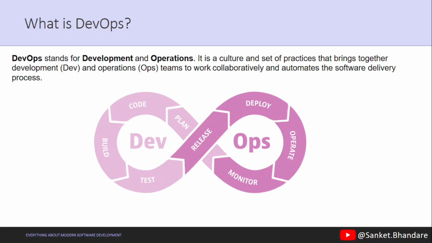Sixth one is deploy stage. Your software is released to production, often using continuous deployment tools and infrastructure as code to provision necessary environments. The seventh stage of this life cycle is operate. The application runs in a production environment, monitored for performance, uptime, and security.